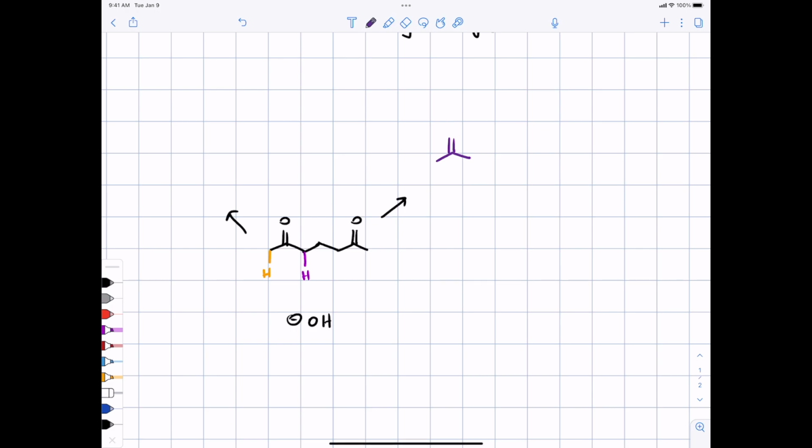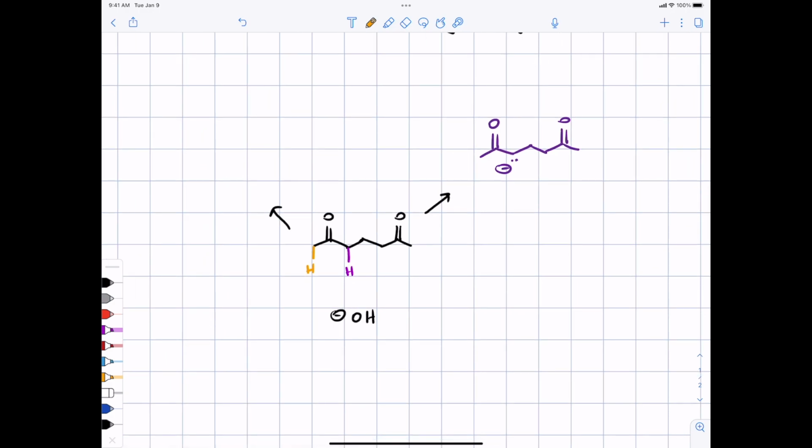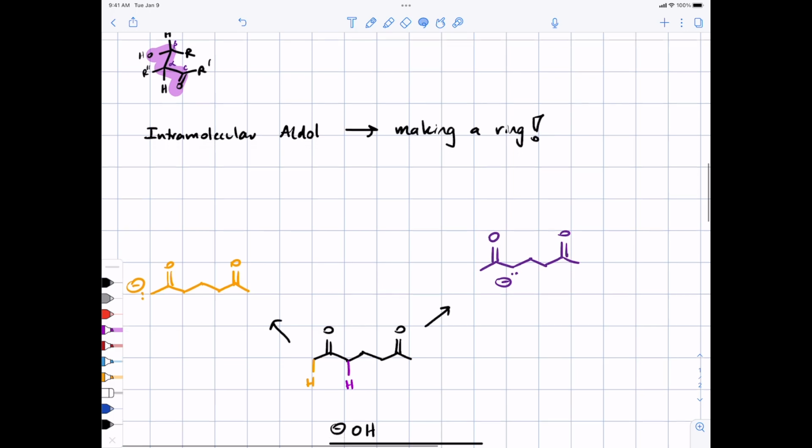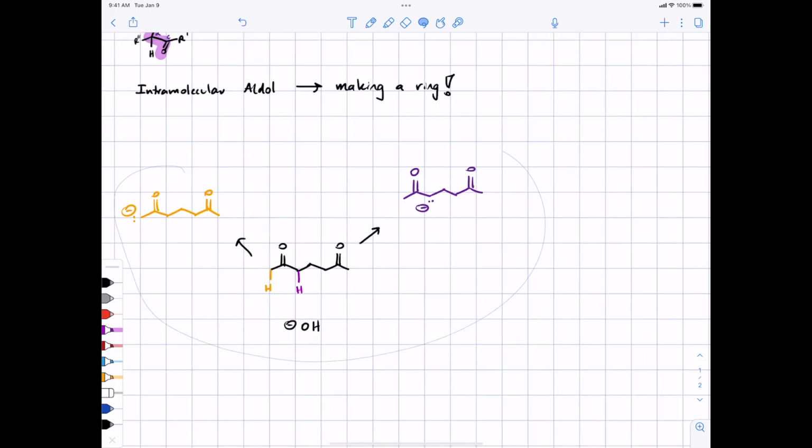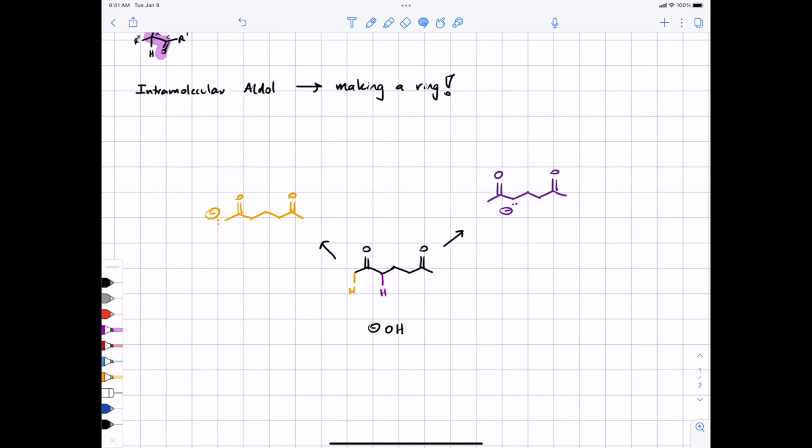And I'm going to draw the structure with the negative charge on the alpha carbon just because that's where it's going to react. And then over here we'll draw orange enolate. All right. Now if we had to pick, we'd actually say purple enolate's a bit more stable than orange enolate.